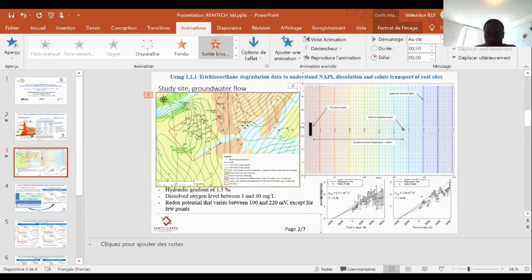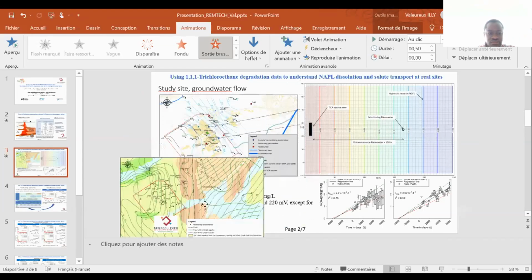Here I present to you the geological map, and the red contour is for the site. The site rests on a silt and flint residues, which itself rests on the chalk aquifer.